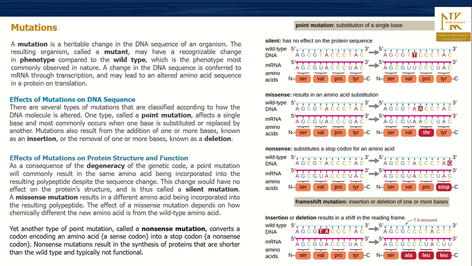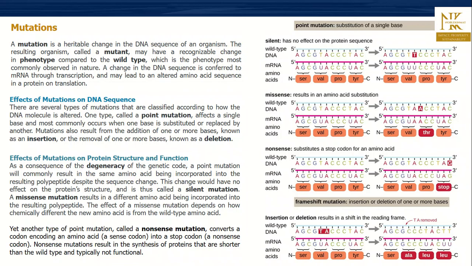Like we've said, let's go back to the explanation here. It says one type called point mutation affects a single base, and it mostly occurs when one base is substituted or replaced by another.